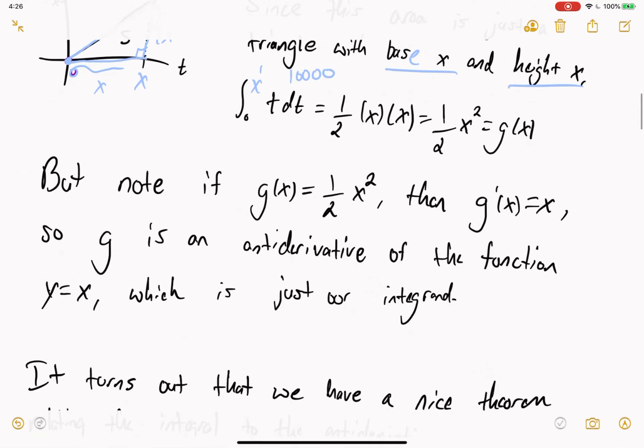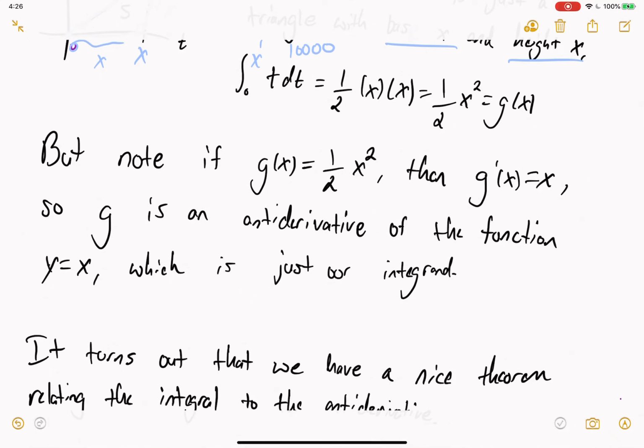But we should note that g of x is 1/2 x squared. We take the derivative of that, we get x. So g is an antiderivative of the function y is equal to x, or f of x is equal to x, which is our integrand.